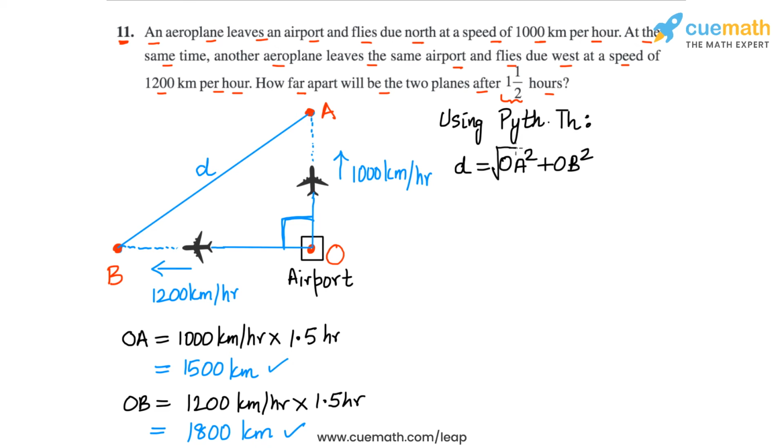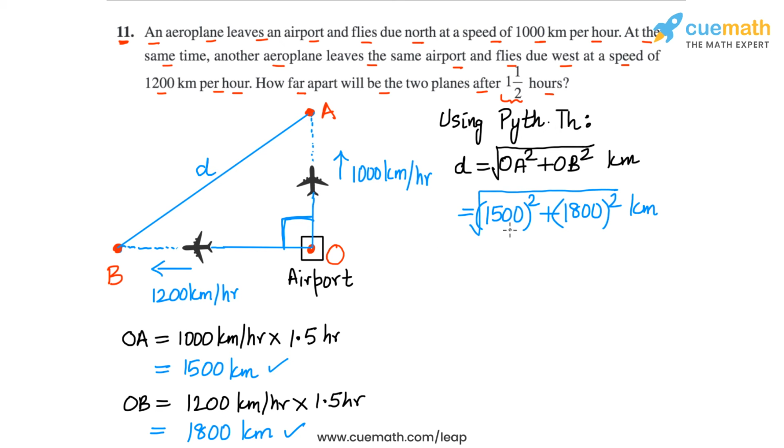Now let's plug in the values, and let's write the units outside. D will be in kilometers. OA is 1500, so we take 1500 square, and OB is 1800, so we take 1800 square, and the root of this sum, these many kilometers.